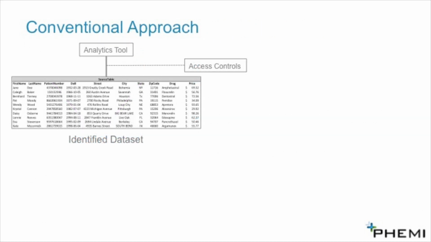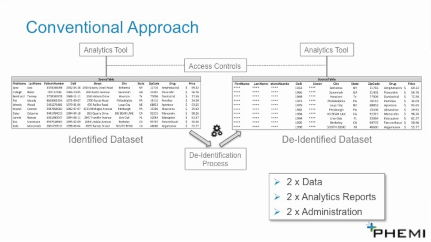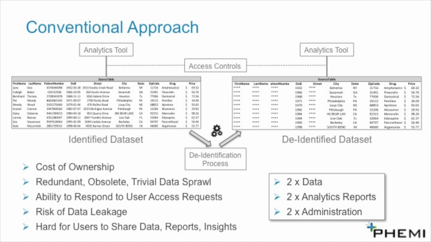Here we see two data sets where one contains fully identified information and another contains a data set that has undergone an explicit, often manual de-identification process that involves data movement. Each data set has access control set up and each has its own visualization dashboard to explore the data. That's twice the data, twice the analytics dashboards, twice the administration overhead.